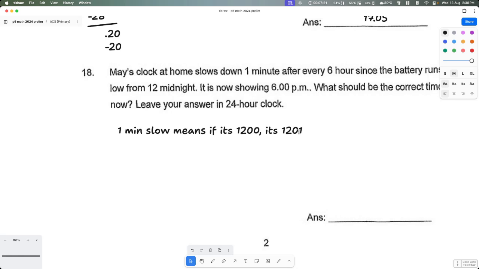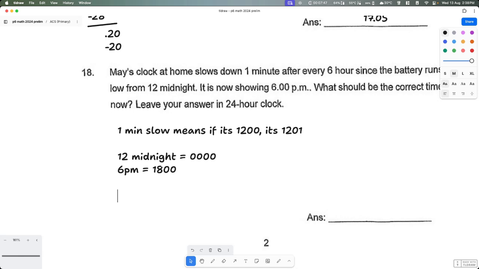We want to make it into 24-hour clock. So 12 midnight is equal to 0000. It can be 24:00, but 0000 is the best. And then 6 p.m. is equal to what? It's not 0600, that is a.m. So it's actually 1800.